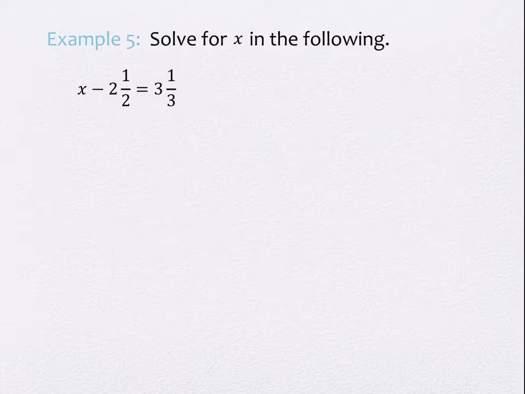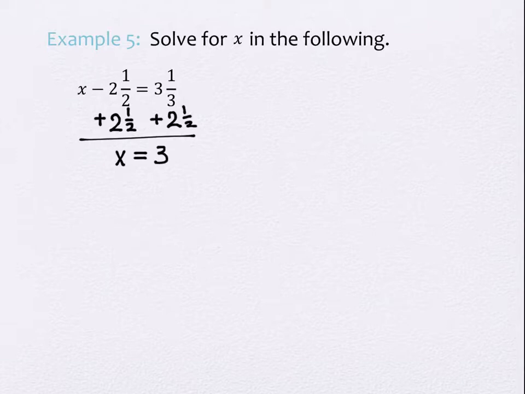To solve this equation, that is to get x by itself, what I need to do is add the 2 1/2 to both sides. And once I do, I'm just going to write it out horizontally now. I end up with 3 1/3 plus 2 1/2, right? And I'll have the answer once I can combine those together some way.